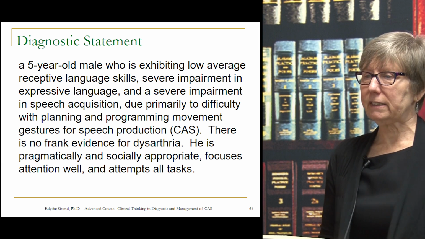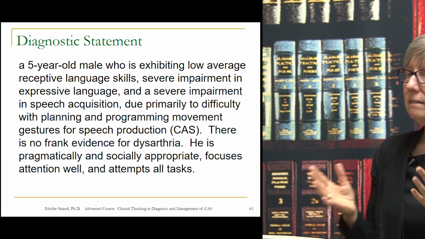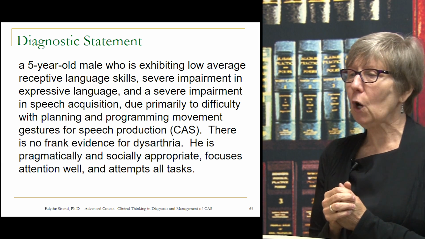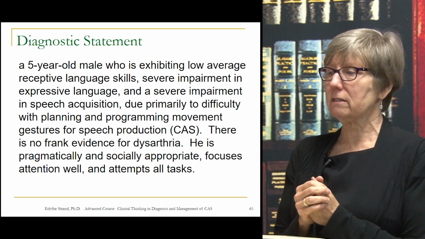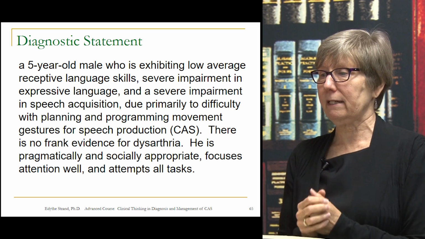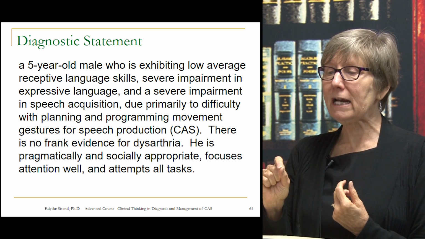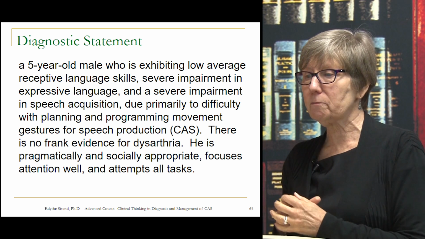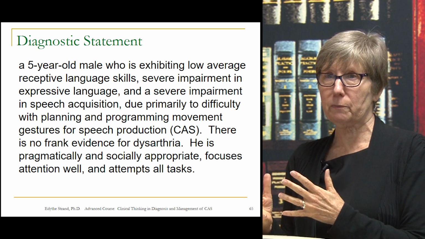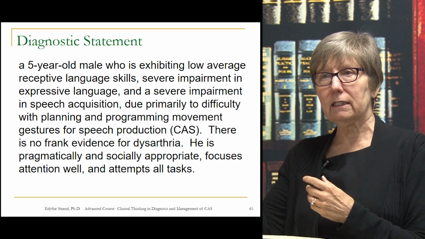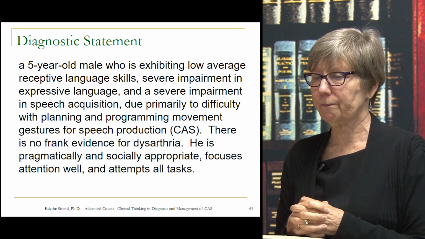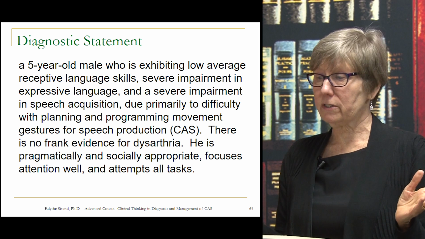So here's an example of a diagnostic statement. This is a 5-year-old male who is exhibiting low average receptive language skills, severe impairment in expressive language, and a severe impairment in speech acquisition due primarily to difficulty with planning and programming movement gestures for speech production. And then parenthetically, I put childhood apraxia of speech. There's no frank evidence for dysarthria.